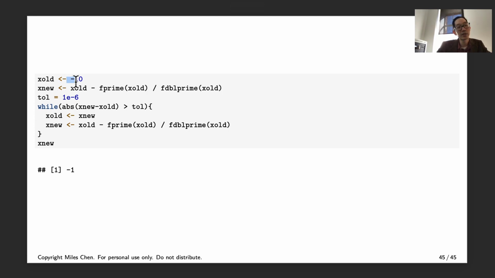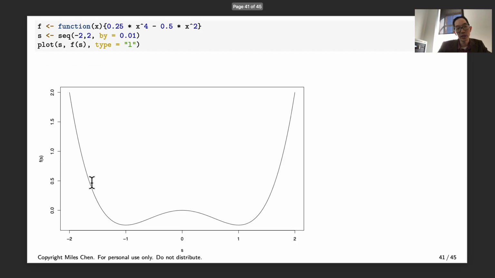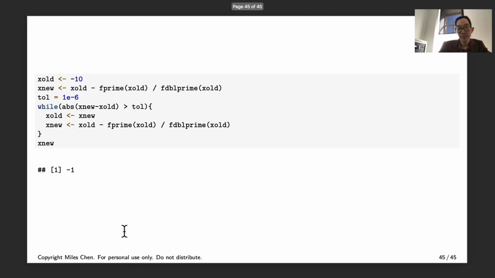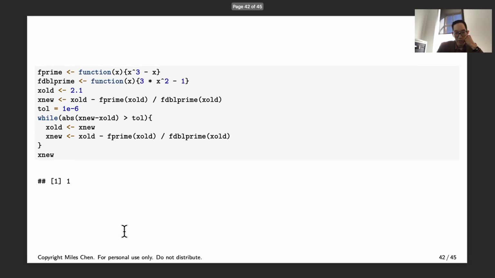Here, if I start off at negative 10, so way off to the left, way off in this corner over there, I end up at negative 1. And these are all just different examples of our Newton-Raphson method getting us to basically a local min or local max. And it works.